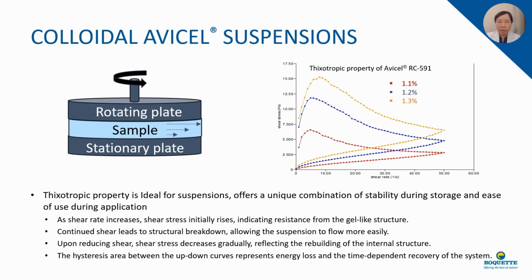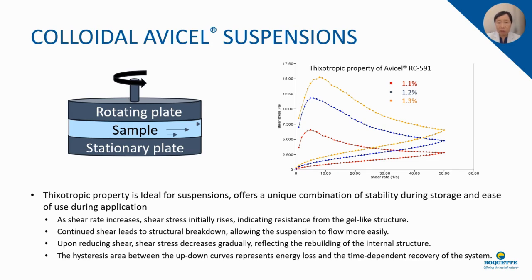A rheometer is commonly used to characterize the functionality of a suspension. For example, a suspension sample is placed between two plates, one stationary and one rotating. The rheometer applies a range of shear rates to simulate conditions like shaking, pouring, or stirring.